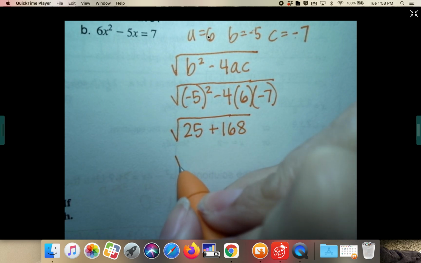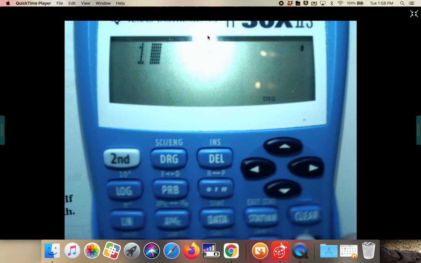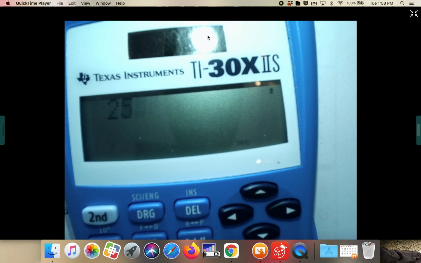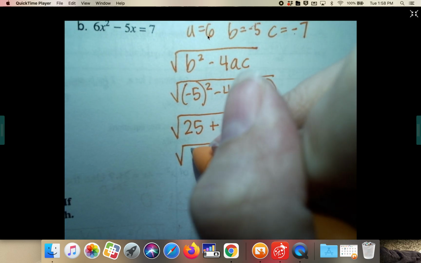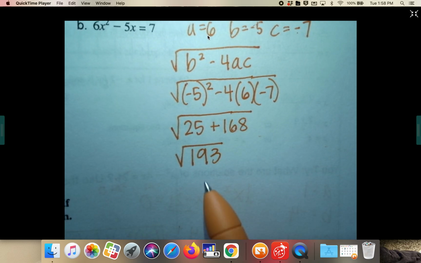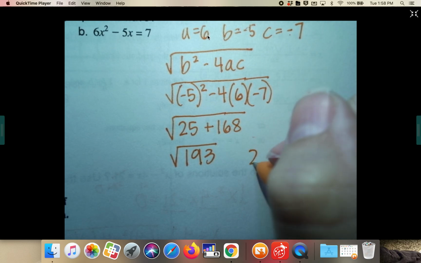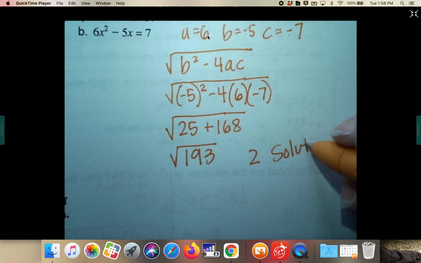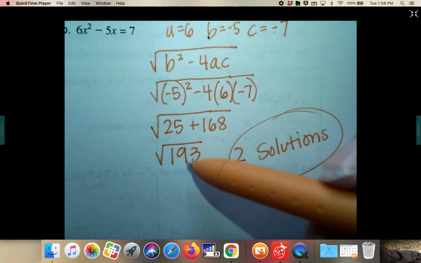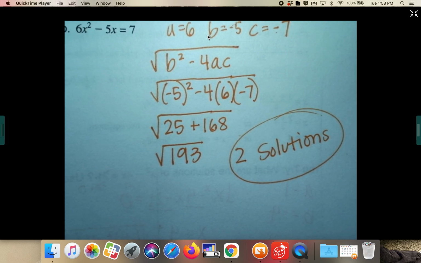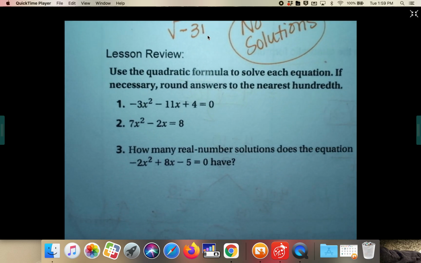All right, let's add those together. 25 plus 168 is 193. So this is a positive. Since this number is positive, I know that it is going to be 2 solutions. It's going to be plus or minus whatever the square root of 193 is.